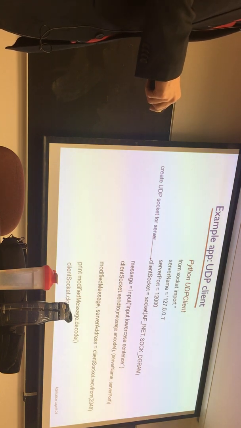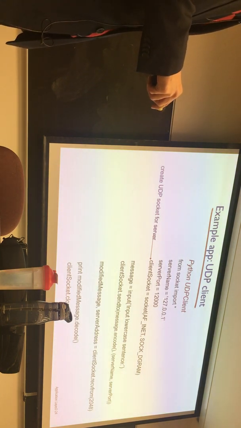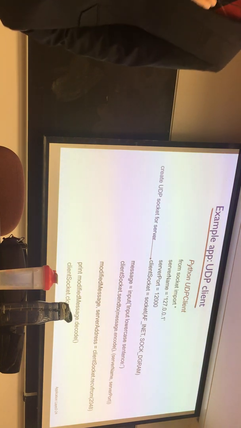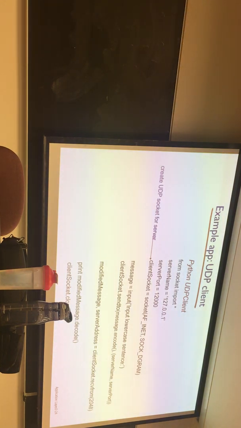The first one we call server name, the second one we call port number. We just give it an IP address for the server. I mentioned before that the host itself has a special IP address, 127.0.0.1. Basically, that means if you send a message to this IP address, it will be delivered to the same host.